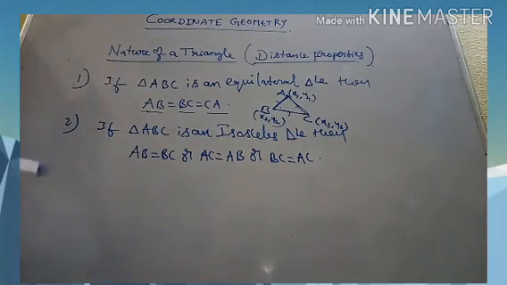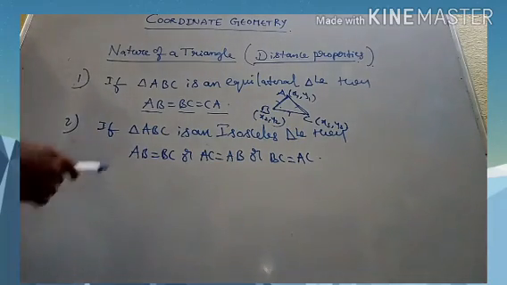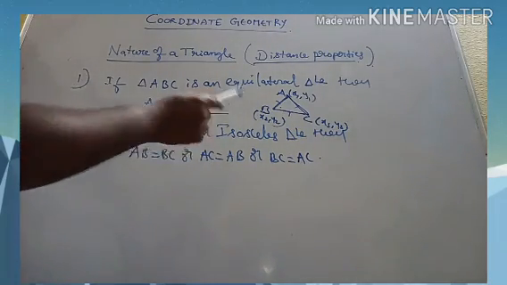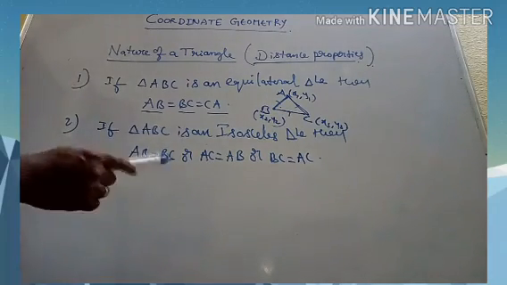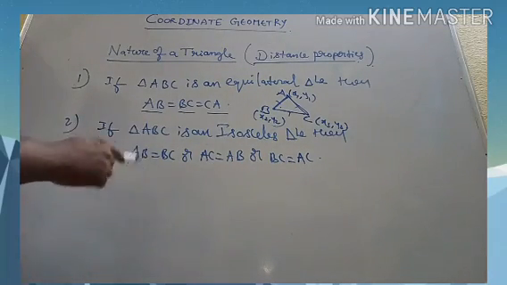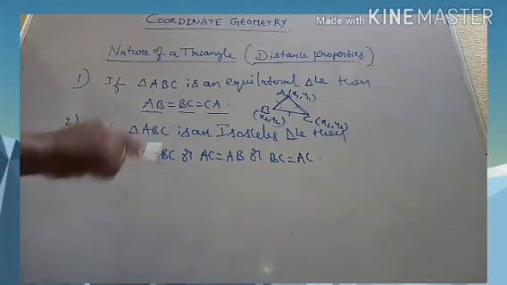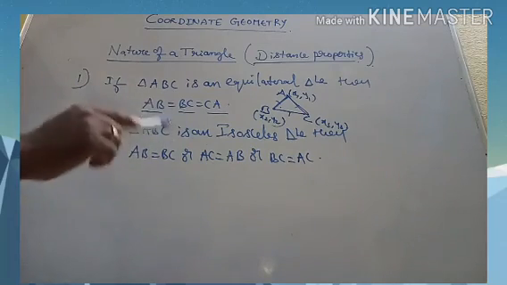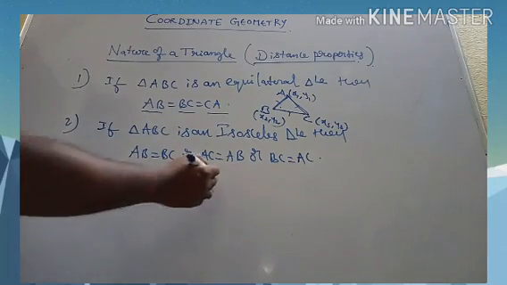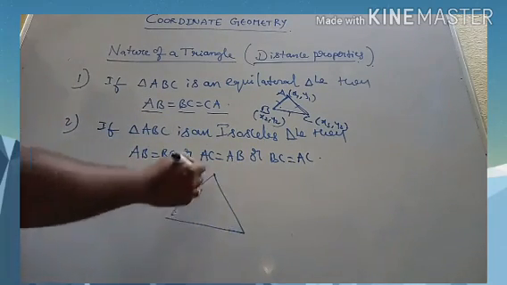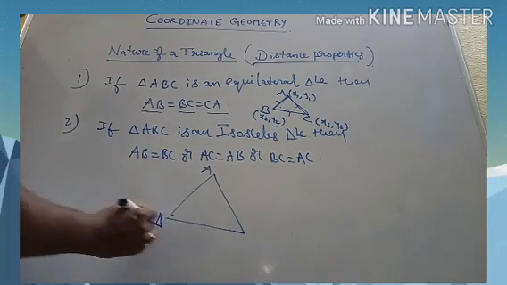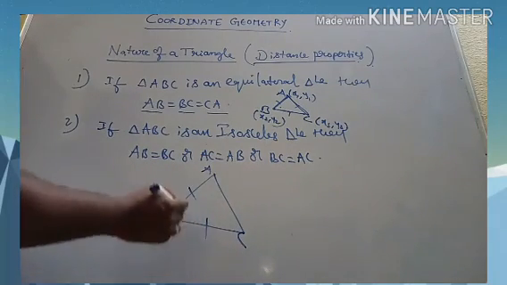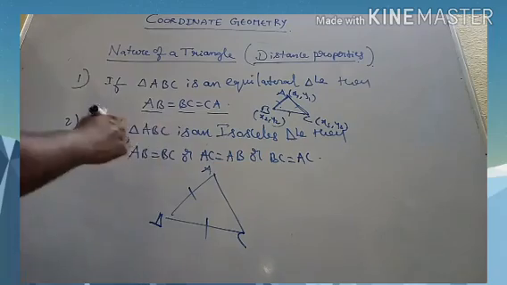Next, suppose you want to prove triangle ABC is an isosceles triangle. Here also it is enough to find the distances AB, BC and CA. Suppose AB equals BC, then this is an isosceles triangle.